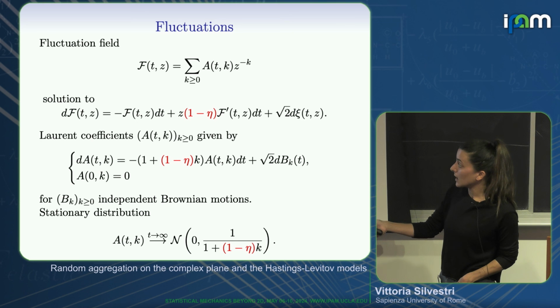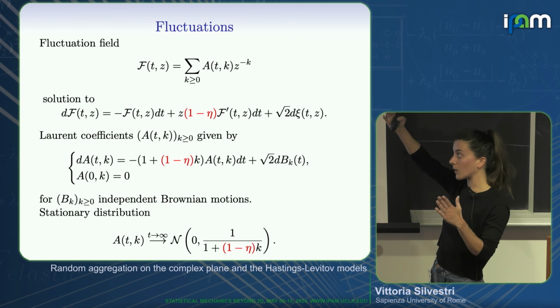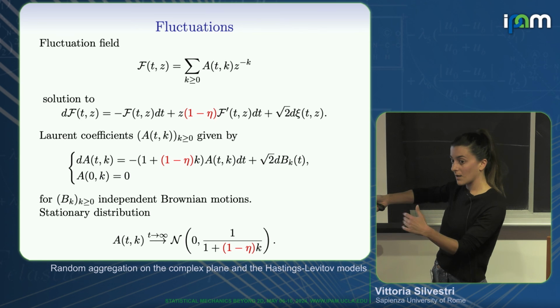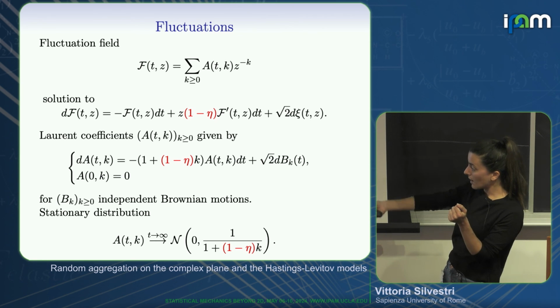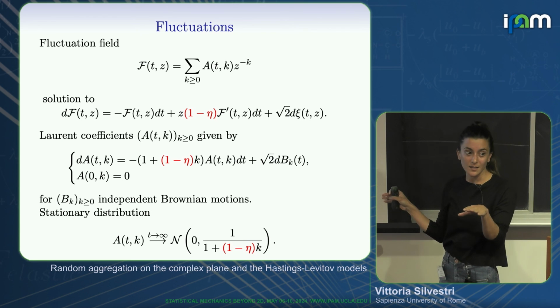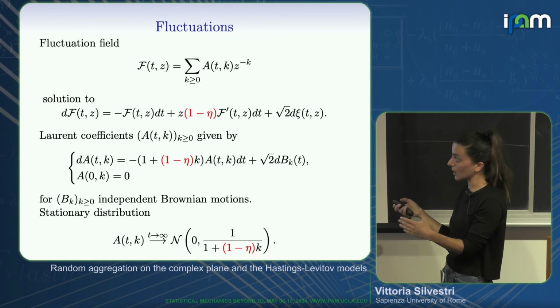So that means you still have Ornstein-Uhlenbeck processes which approach equilibrium, but as eta goes from 0 to 1, so as you approach the critical point, you approach equilibrium slower. And at the critical point, you lose this nice factor, and the boundary fluctuation field is no longer log correlated, it's just an IID field. So we do see a phase transition in terms of the fluctuations.